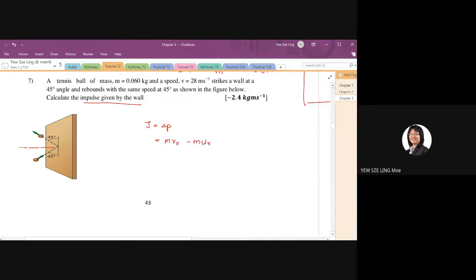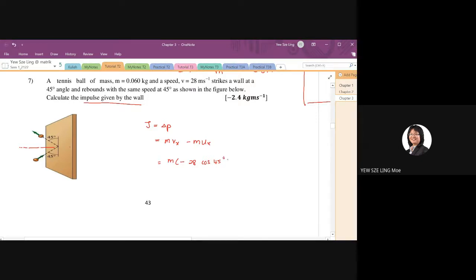Initially my u is a positive u, we assume it's positive, and then when it rebounds, we take a negative value. So what are we going to do? m, v is negative, so negative 28 cos 45 degrees.